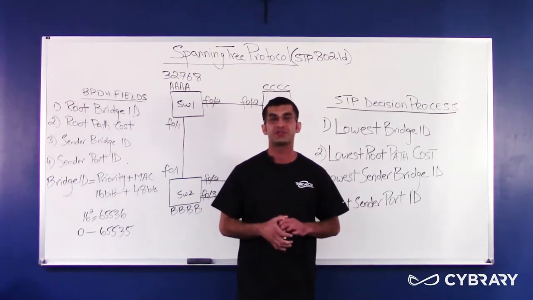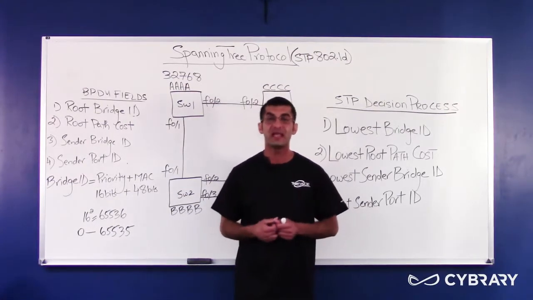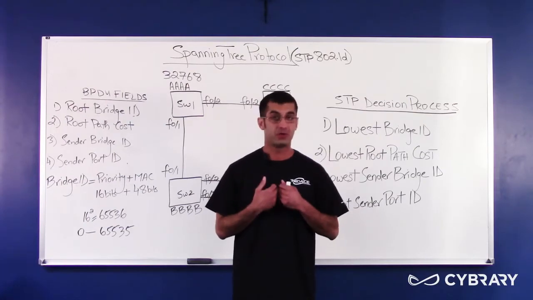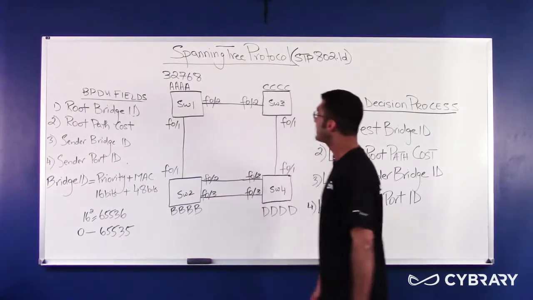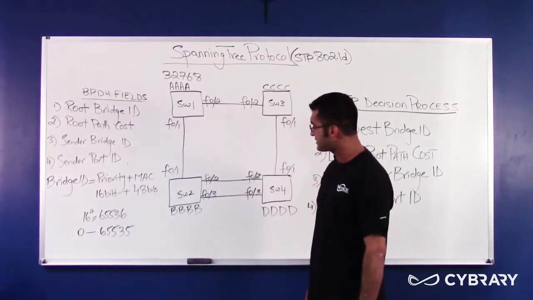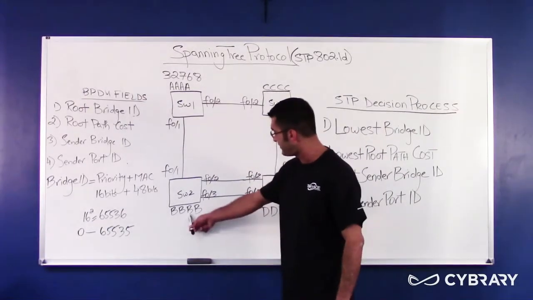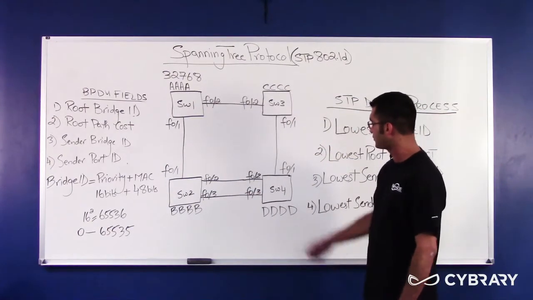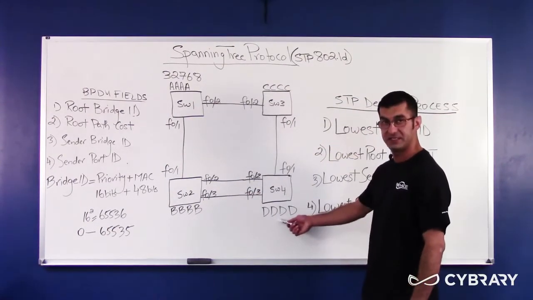So all other switches in a layer 2 topology will relay the root bridge's BPDUs and not produce their own BPDUs. So in this case, switch A has a MAC address of AAAA, switch 2 has a MAC address of BBBB, switch 3 has a MAC address of CCCC, and switch 4 has a MAC address of DDDD.